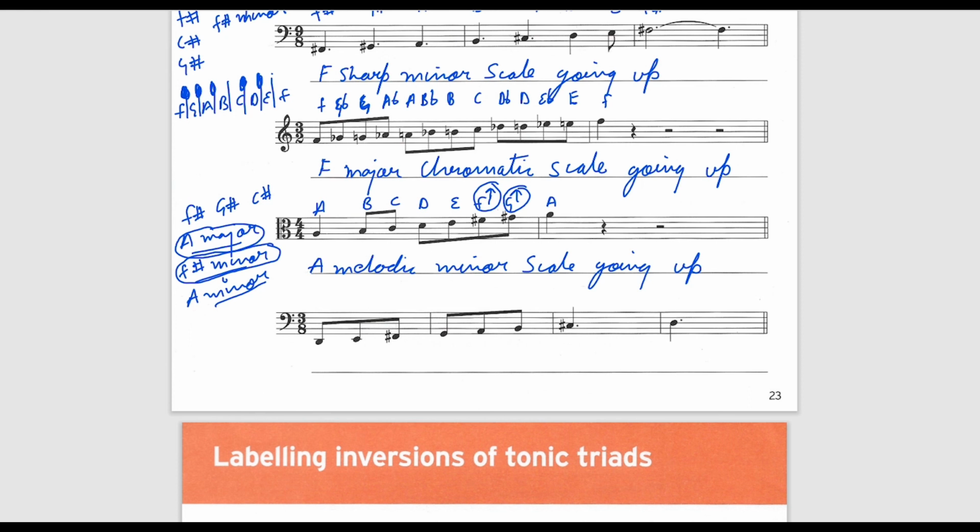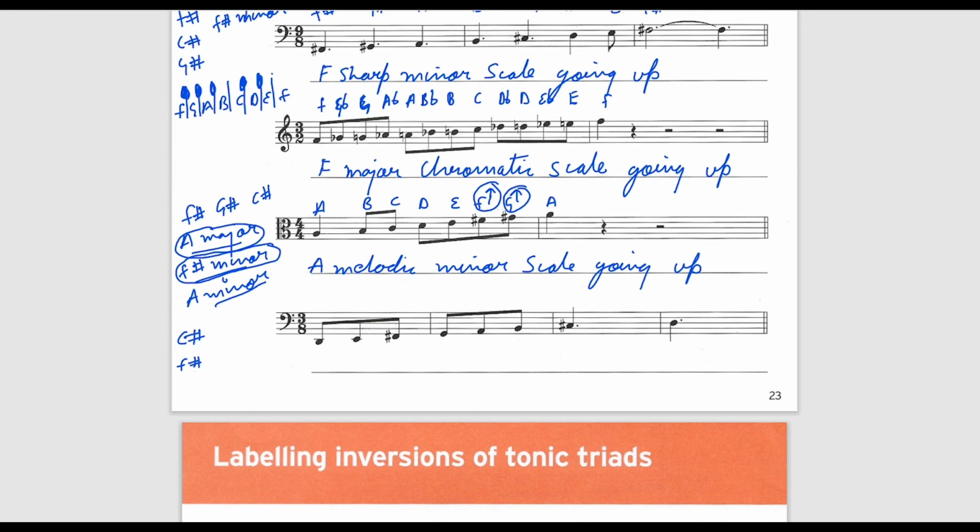Okay, now let's move to the last one. So the last one we have, there are two sharps there. This is our C. Sorry, we're finishing on D here. So C sharp is there and this is F sharp. So that means two sharps are there, F sharp and C sharp.